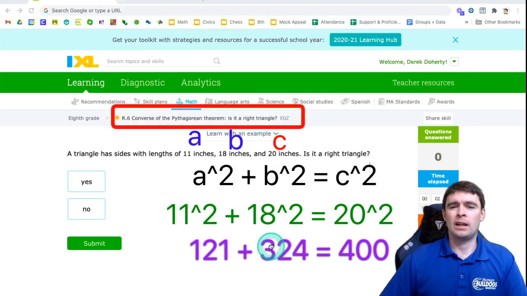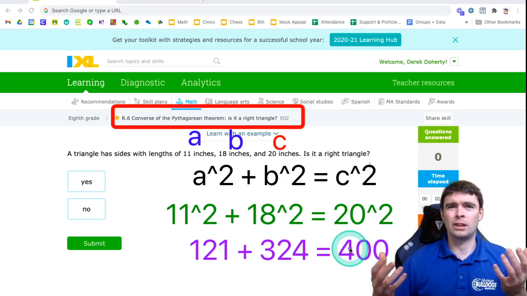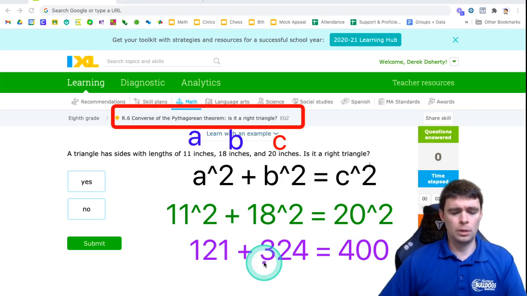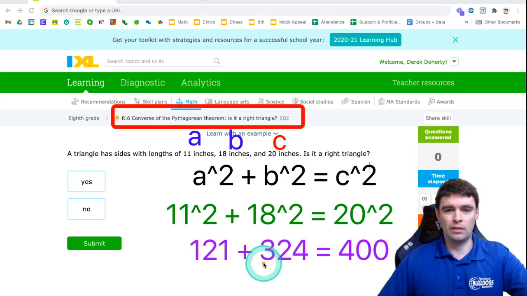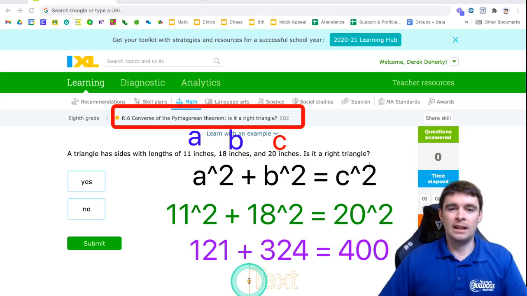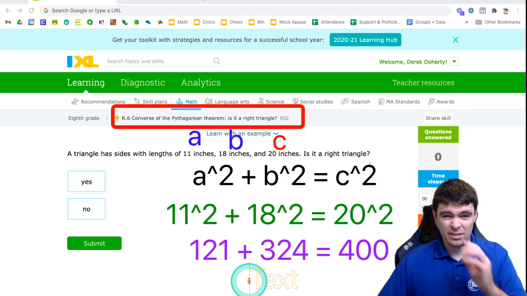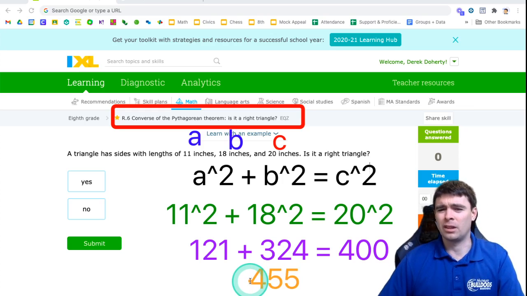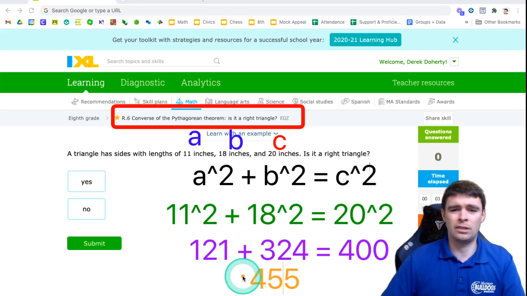Now there are no variables left. I'm just trying to see, is the equation true? When I add together 121 with 324, I get 455. Trying to do quick mental math there. Oh, 445, sorry.